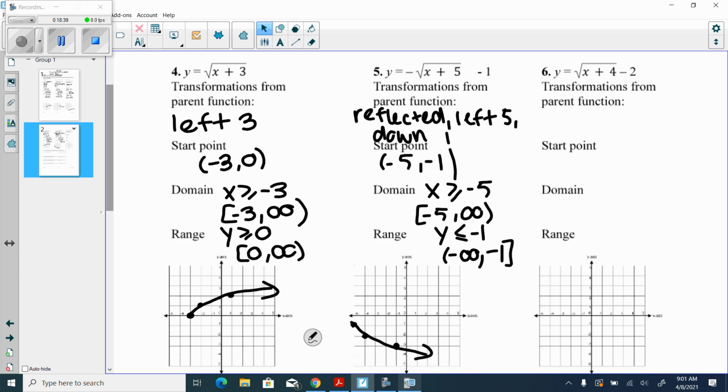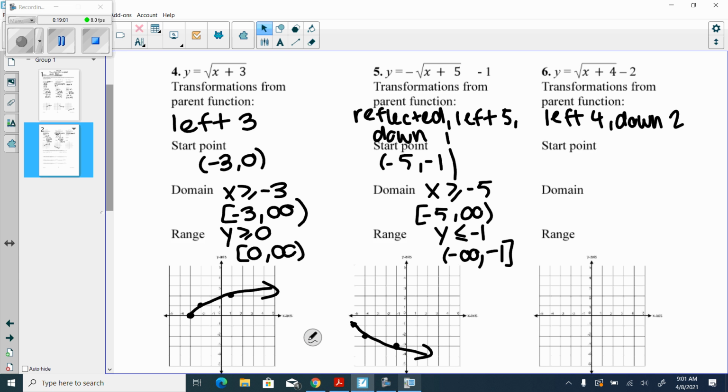And last one, what are my transformations for number 6? Very good. Okay, and so I'm going to come down here.